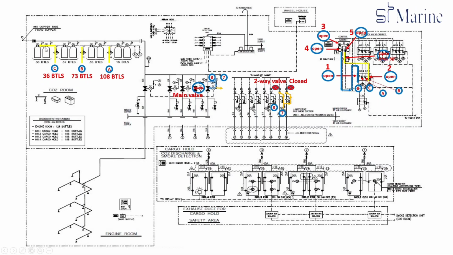If we select position B, we can discharge 73 bottles. And position A is for 108 bottles. This depends on the cargo hold capacity and how big the fire in the cargo hold is.